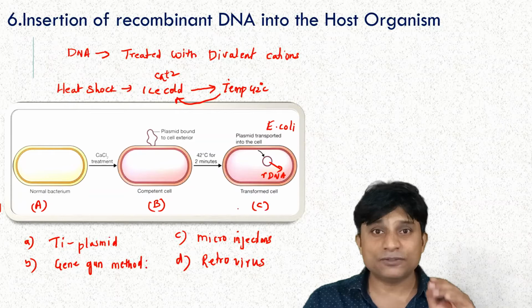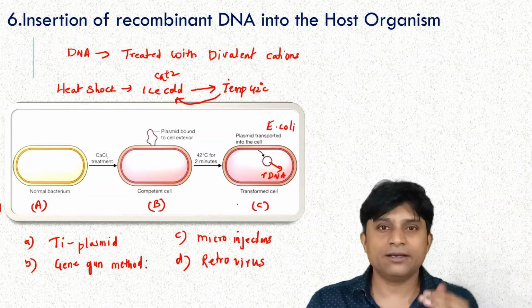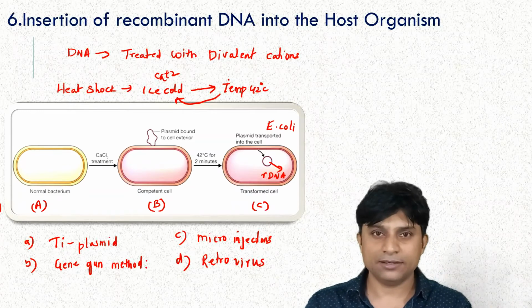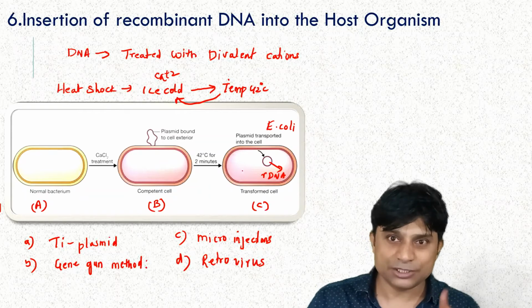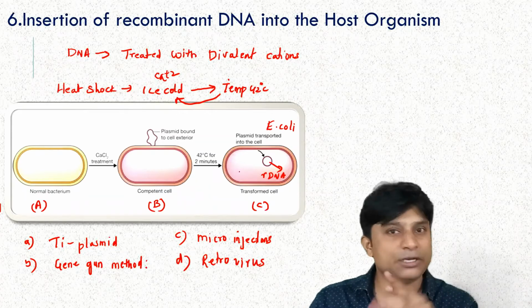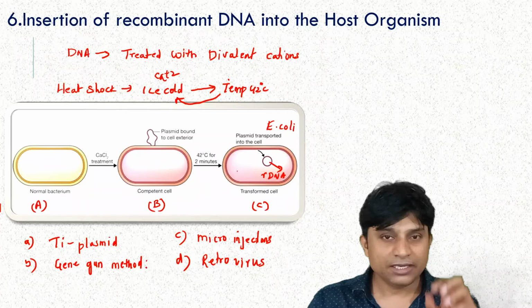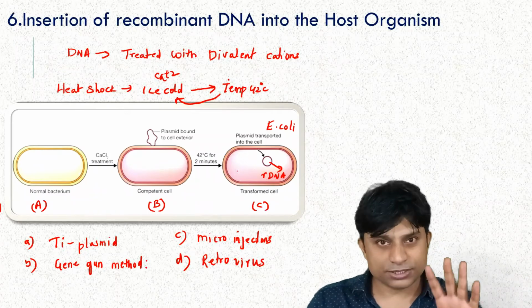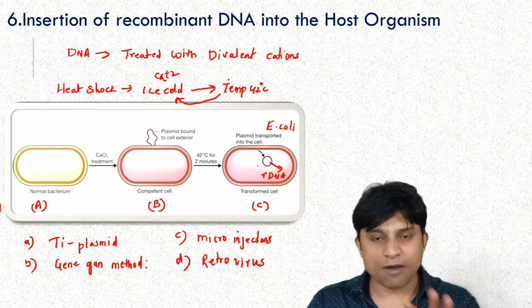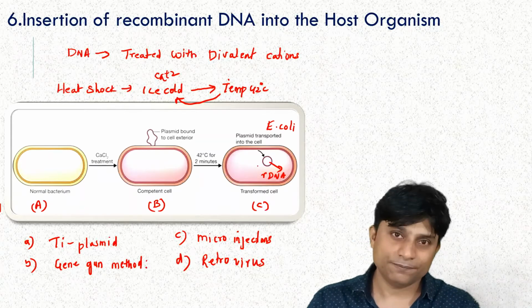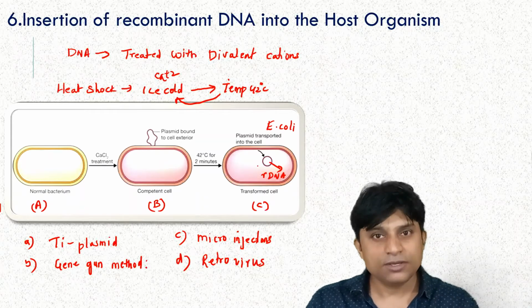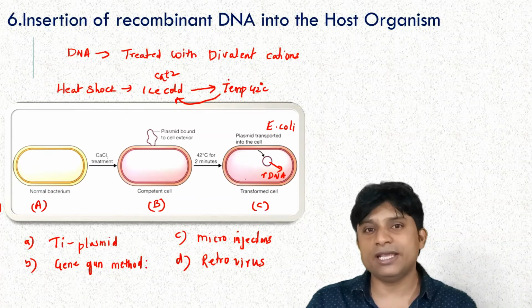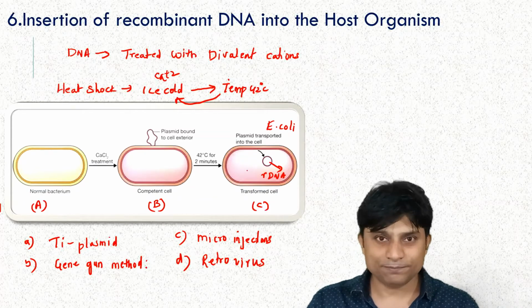Now with the help of genetic markers like ampicillin or tetracycline, these two antibiotic resistance genes are located on the pBR322. So by placing them in the antibiotic medium, we can find out our transformed cell with the recombinant DNA. Once we find it, we are going to separate them.